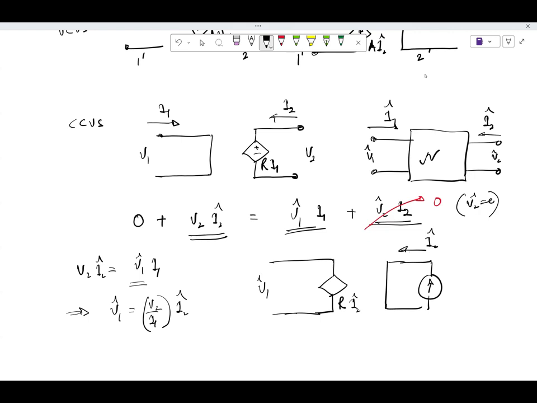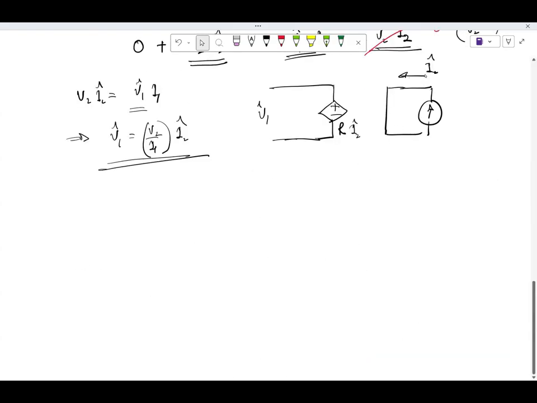So what about the direction? It will be plus on the top or plus on the bottom? Will it be this or the other way around? Look at this, right? So what is it telling you? If I2 hat increases, V1 hat should increase. So is this correct or do we have to flip? Correct, right? Okay, fine.